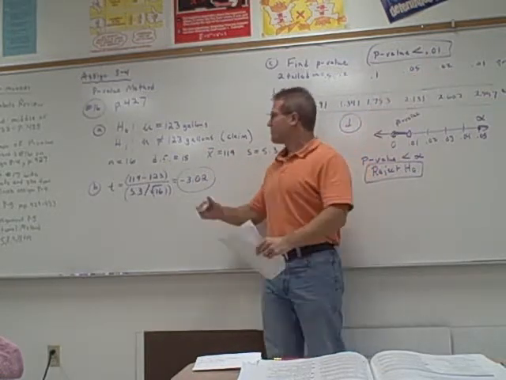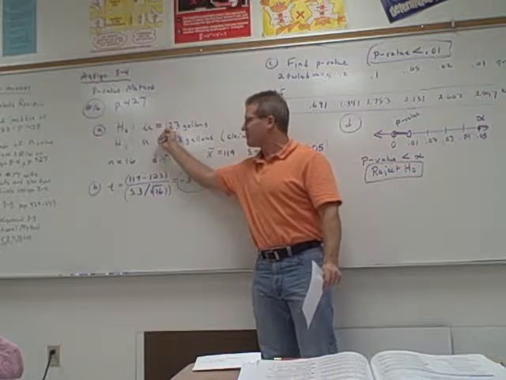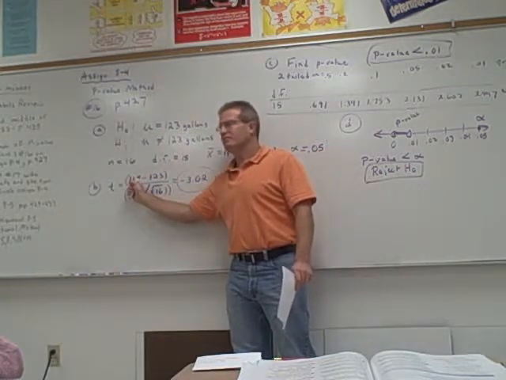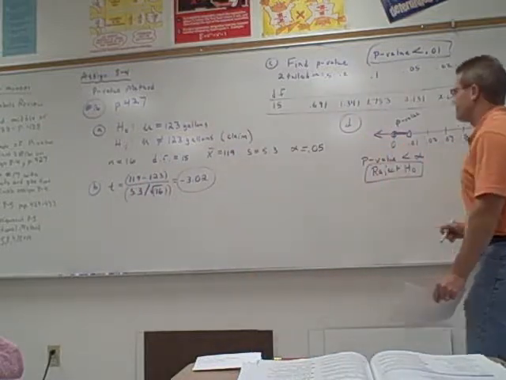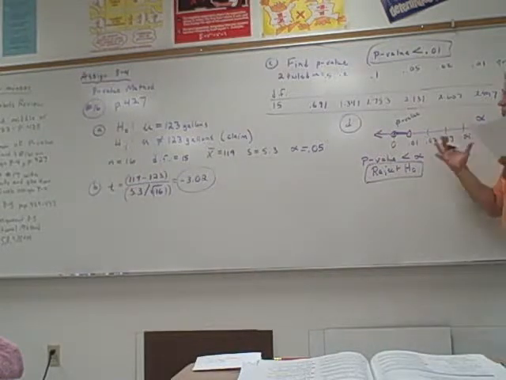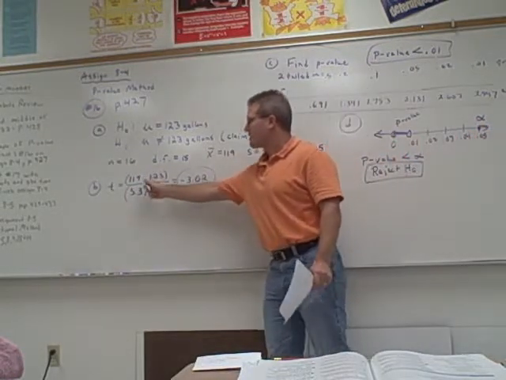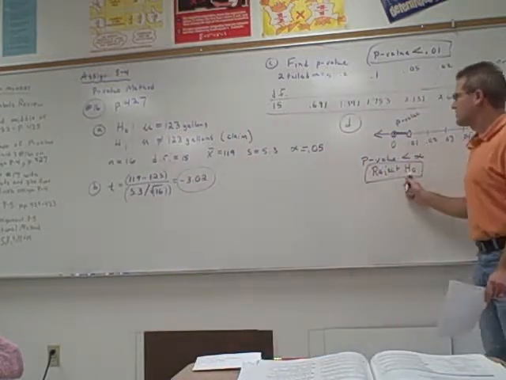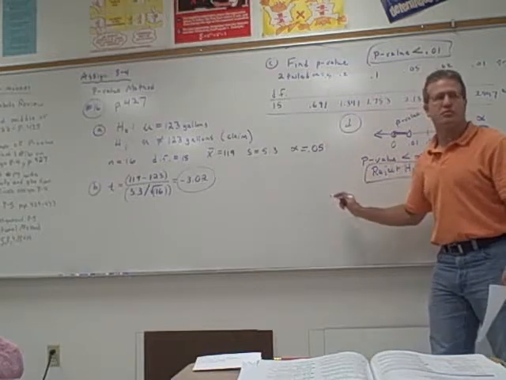So if this is really true, it's very unlikely, less than 1% chance, that you would get a test value of 119. So very unlikely that 119 would just happen by chance. So what we're saying is that we're probably getting the 119 because this is not true. So we're rejecting it. So for D, we're rejecting that it's 123 gallons.